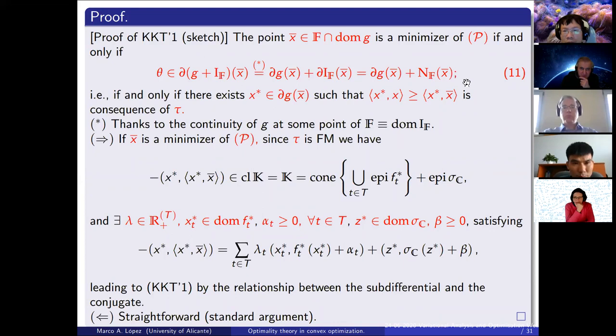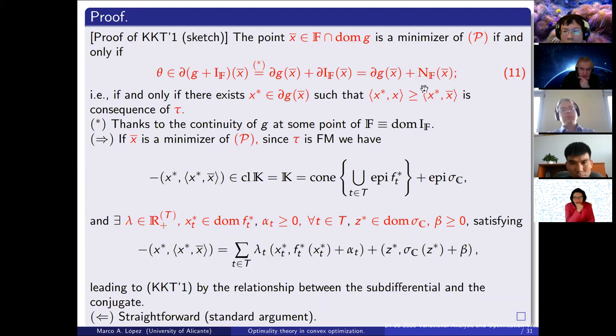And so, thanks to the fact that the system is Farkas-Minkowski, remember that we have this relationship. This equality here means that there exists an x star here that also belongs to the negative of this cone here.